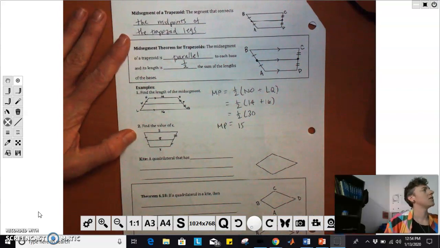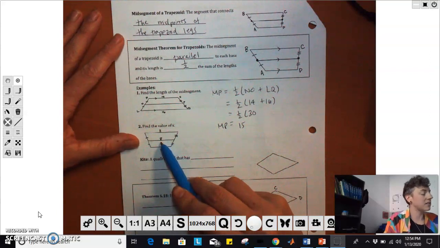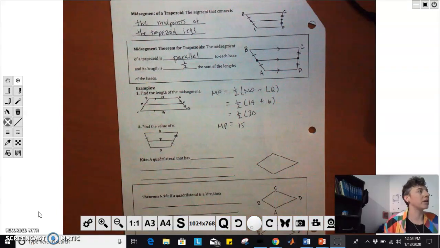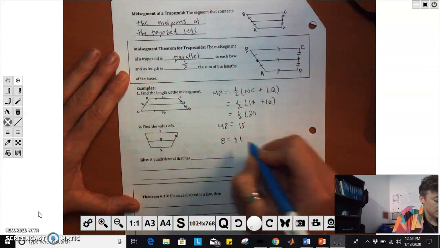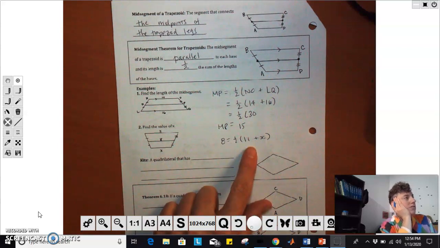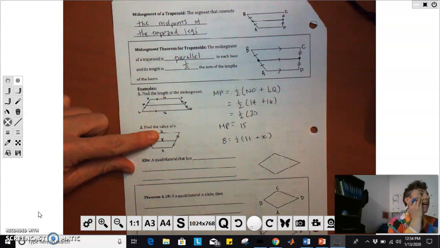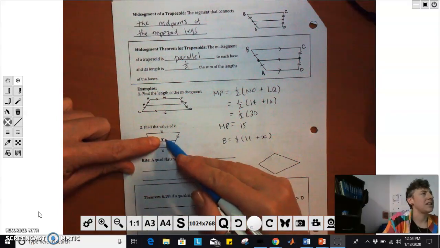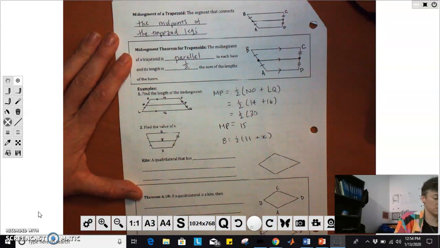Right? Okay, now this one's tougher, because now they give us the mid-segment. 8 is halfway between 11 and what number? 8 is halfway between 11 plus some number. We could solve this equation, or we could do the easier way. 11 minus what is 8?